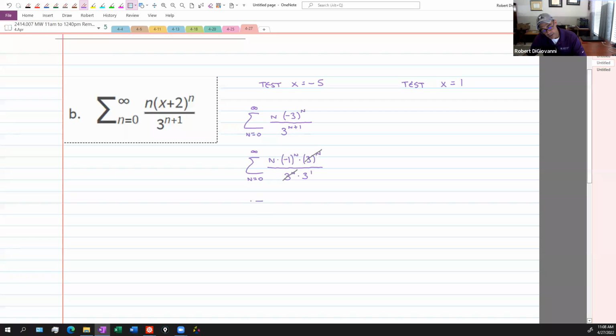And then from here, clean it up a little bit. This is going to be n times -1 to the n over 3. And that series diverges. I know it diverges because think about the sequence in here, and what is this sequence doing? Well, n is getting huge, right?